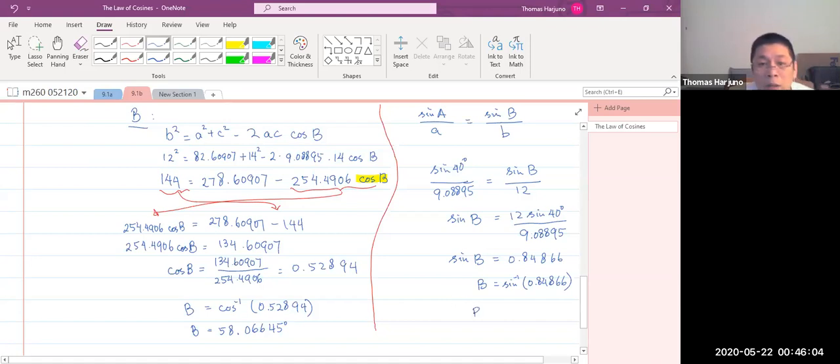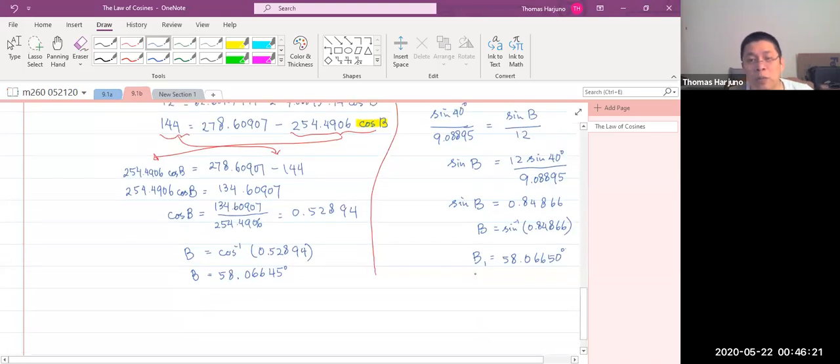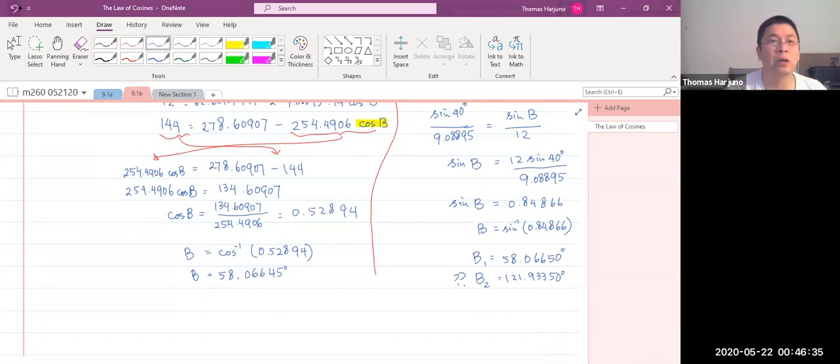And I get B is equal to 58.0665. Huh? That's by rounding error, by the way. But that's B1 though. B2, that's where it comes in. B2 is 121.9335. Right? There are two solutions for B here.